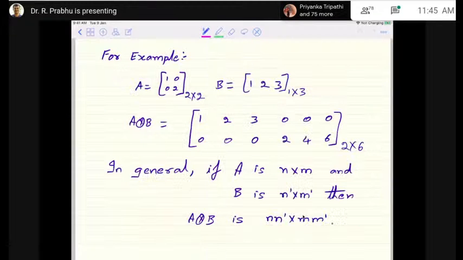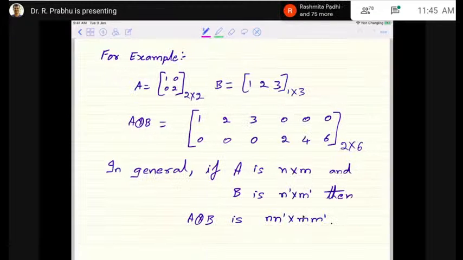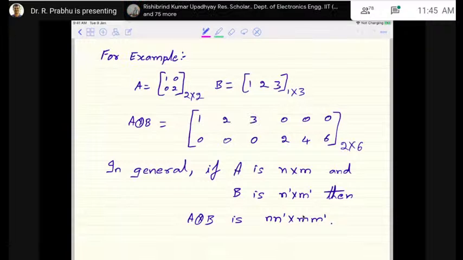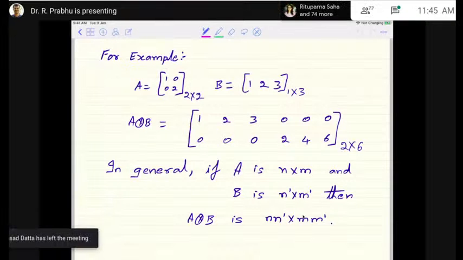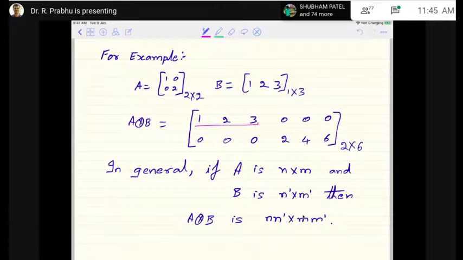For example, if you have A as 1 0 0 2, which is a 2 cross 2 matrix, and B as 1 2 3, a 1 cross 3 matrix, then you take a11, which is 1, and multiply with the entire B block. So you have 1 2 3. Now again you have a12, which is 0, times the entire B block, so you have 0 0 0.